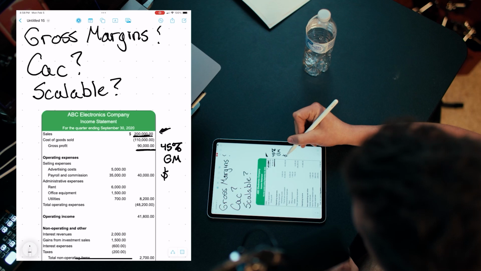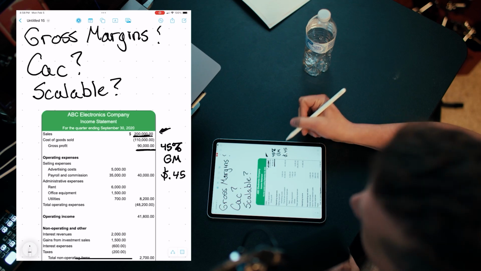Gross margin is the amount of money, if you did not have any fixed costs, that you would keep. Or once you have your fixed costs covered, the amount of money that you would keep for every dollar sold. So essentially, once you're breaking even in this business, every dollar collected would mean 45 cents to the bottom line.